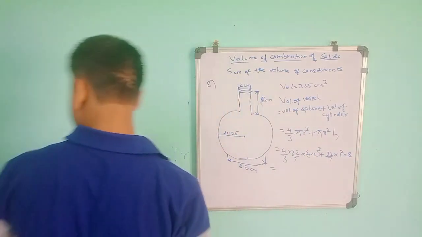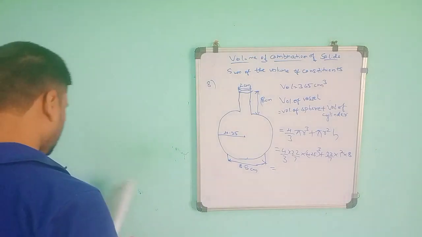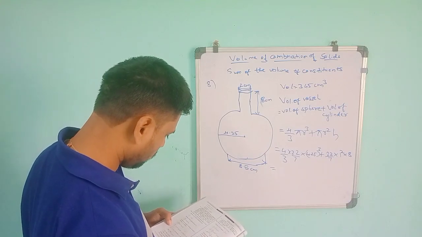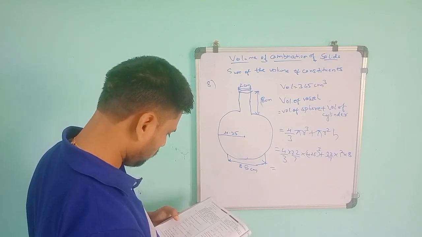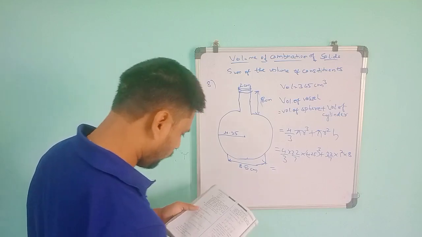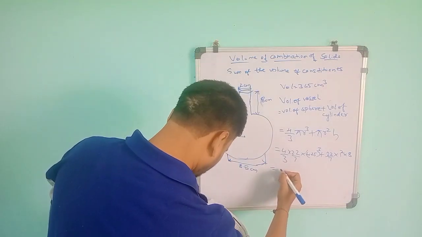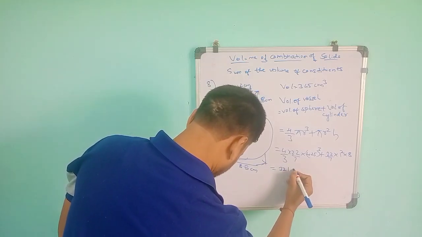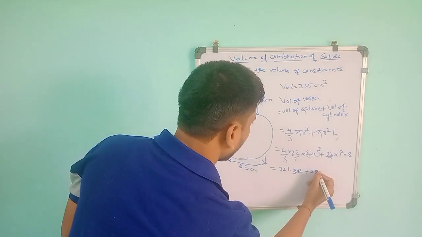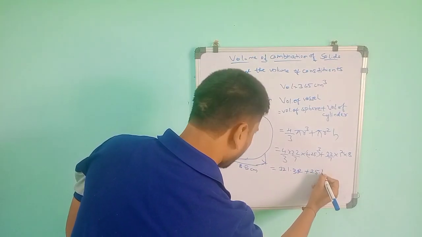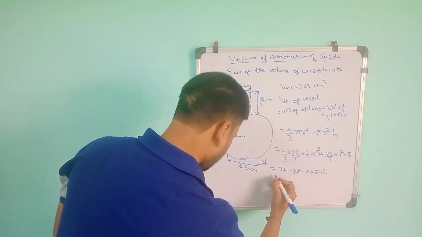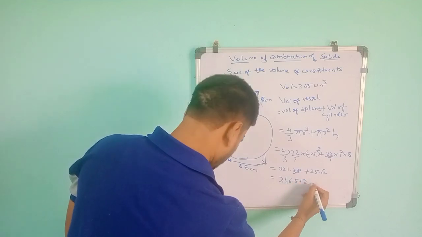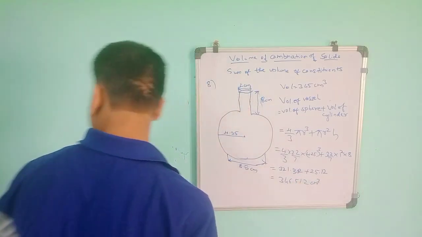So after calculating, you will get 321.392 plus 25.12. So this will give you 346.512 centimeter cube.